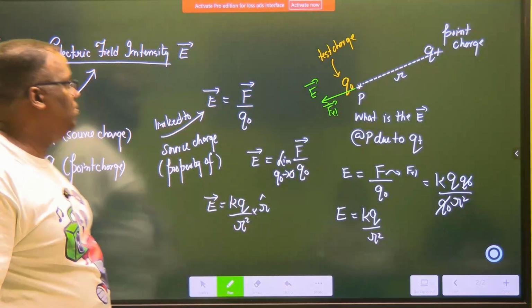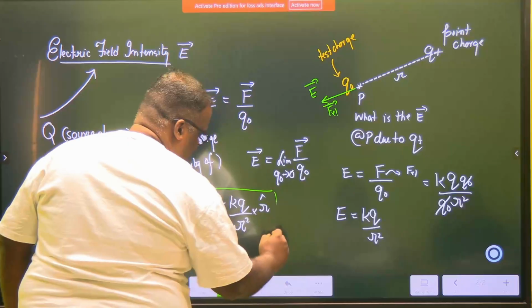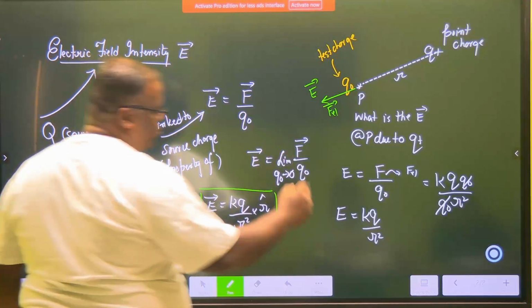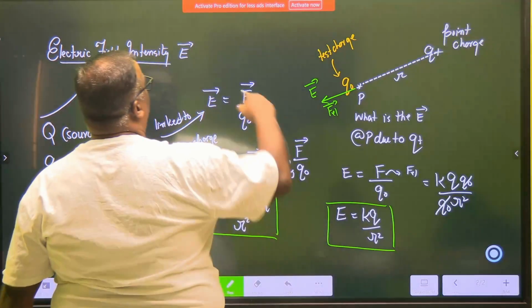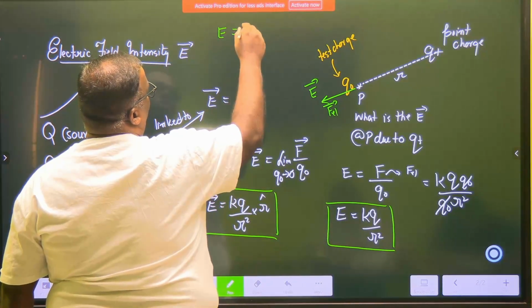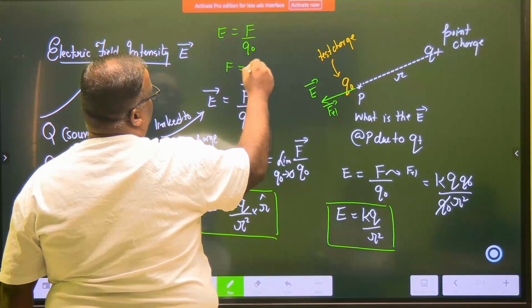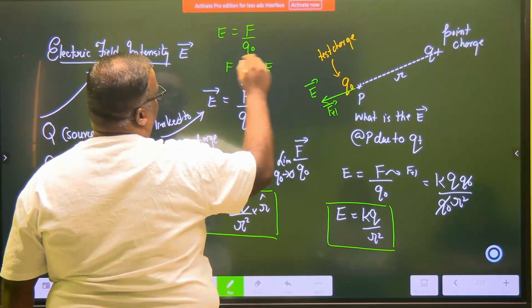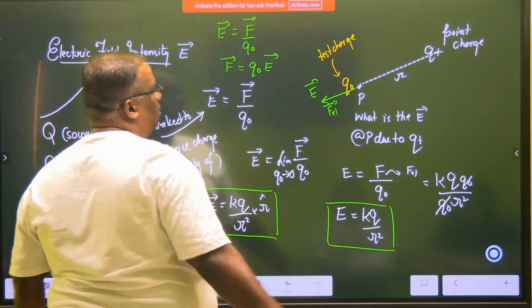From here we see, children, this is one expression, vector form, which is necessary for you. Scalar form, which will be helping you in numericals. And another one which will help you in numericals is electric field is equal to force experienced by a test charge. So the force value is always given as Q naught E. You can write this in vector form also or in scalar form also.